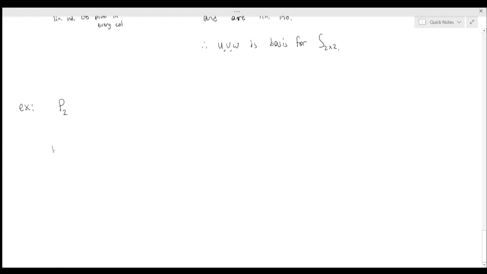Let's suppose I have these three polynomials given. So the first polynomial will be p of x, 1 minus x plus x squared. The next, let's say we have another polynomial, q of x, which is 1 minus x squared. And then let's say I've got one more polynomial.